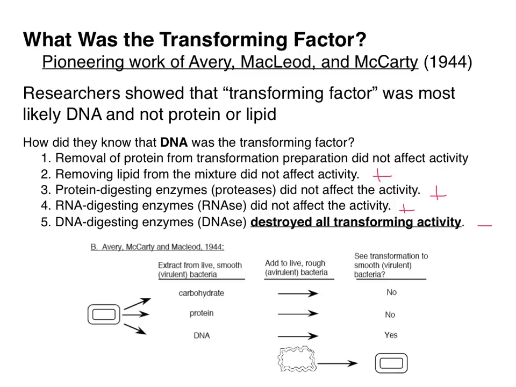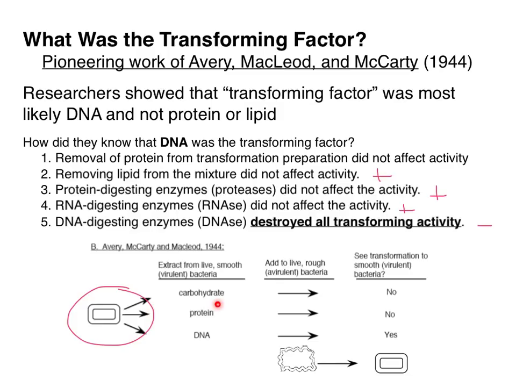Down below is a figure summary, which can be confusing if you're not careful. It starts by taking the living smooth cells and breaking them open again to produce the extract that would have contained carbohydrate, lipid, protein, and nucleic acid. But then when you see extract from live, smooth, virulent bacteria, carbohydrate, what this is suggesting is that the protease, the lipase, the RNase, and the DNase were all present, so all the biological molecules except the carbohydrate were destroyed.